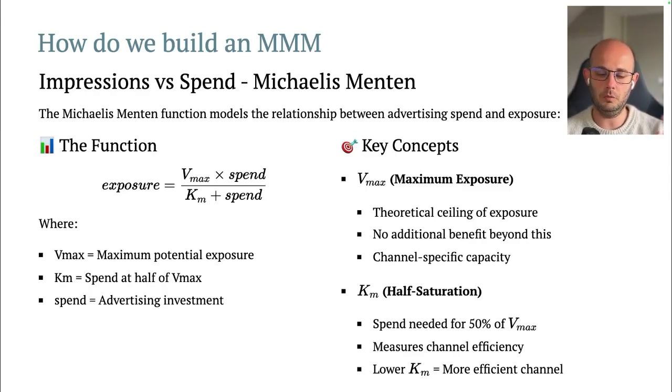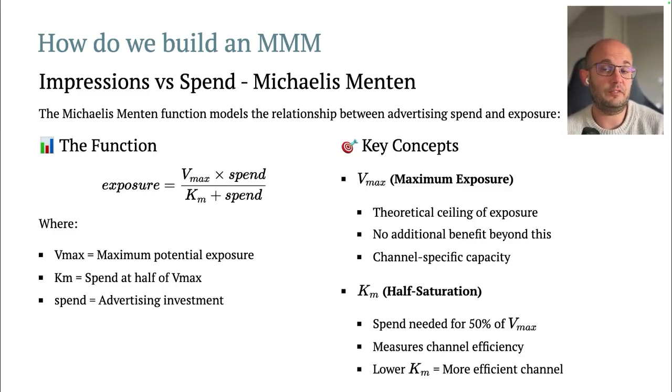You want to know how many people got exposed to my ads, because spend is a very imperfect metric for that. Due to adstock and saturation effects, spending more doesn't always mean more exposure to more people.